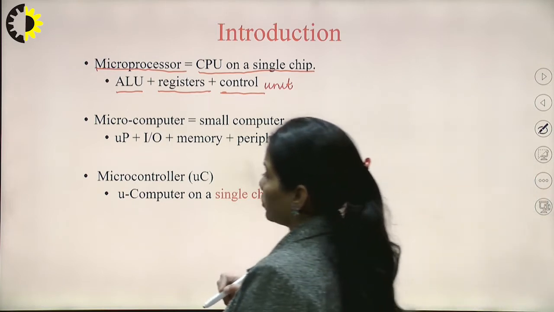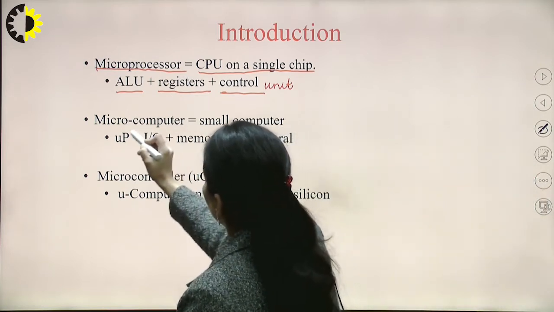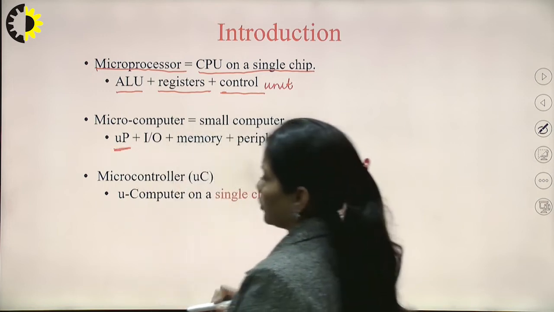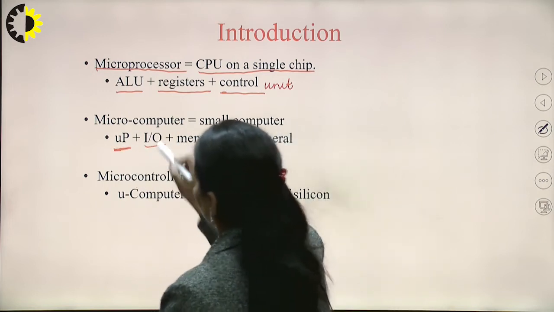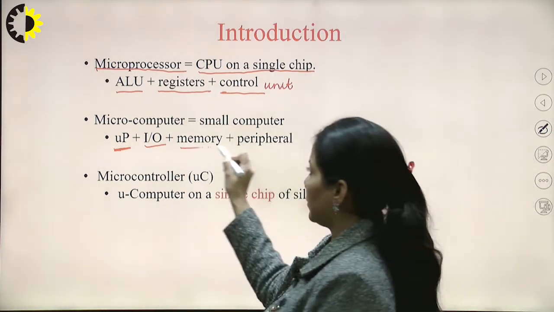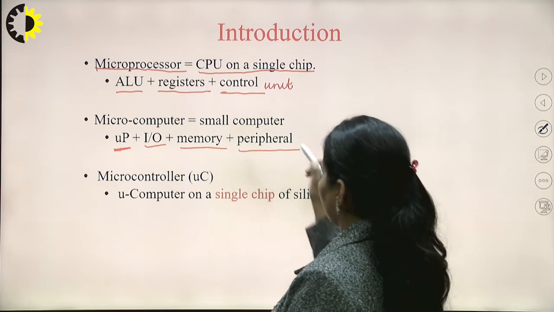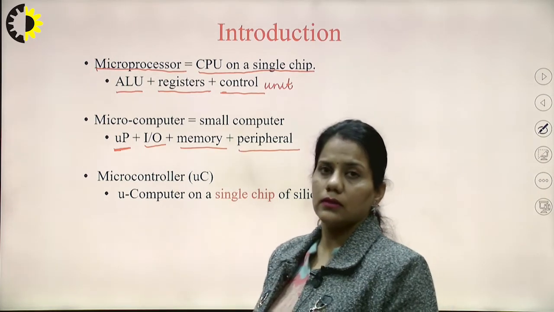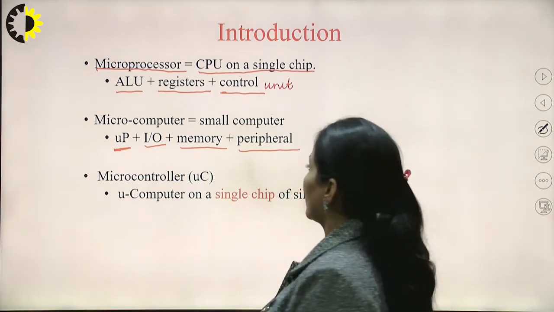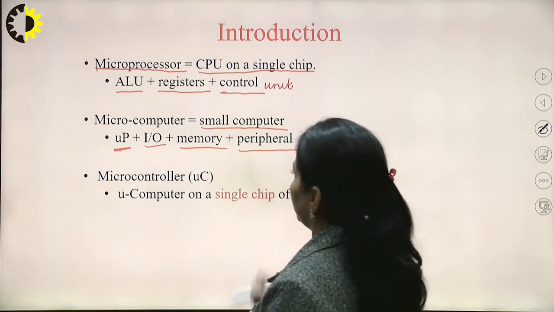Then what is a microcomputer? If we add input-output devices, memory units and peripheral devices along with the microprocessor, then it is termed as the microcomputer, or we can say a small computer.